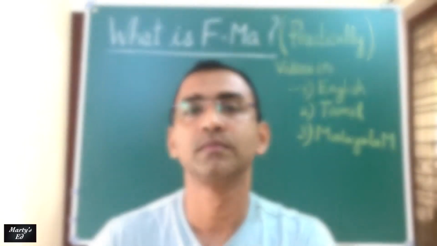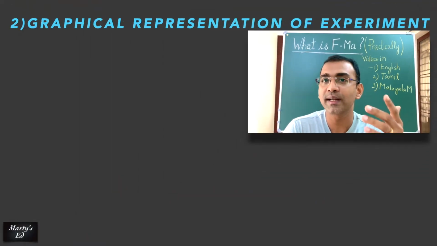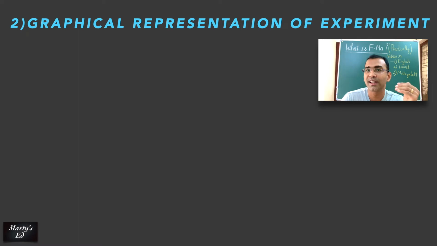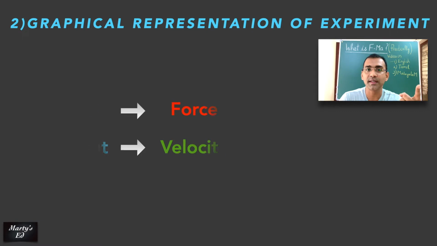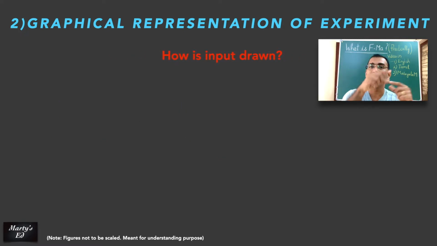So what is the second process? The second process is graphically representing whatever we have observed before. What are you going to represent in a graph? That's a good question, right? We are going to represent the input function, which is force, and then the output function, which is velocity. In a graph, you always have an x-axis and a y-axis.